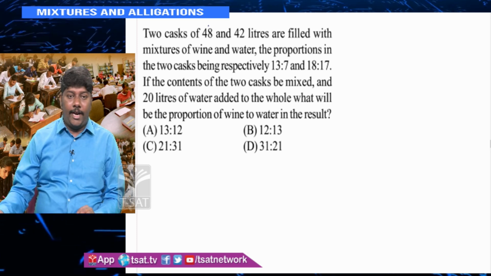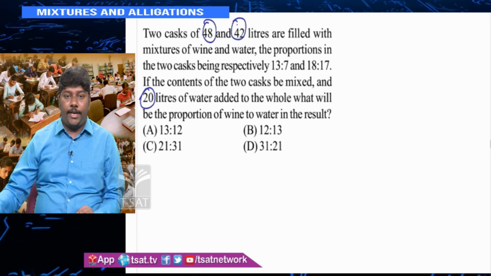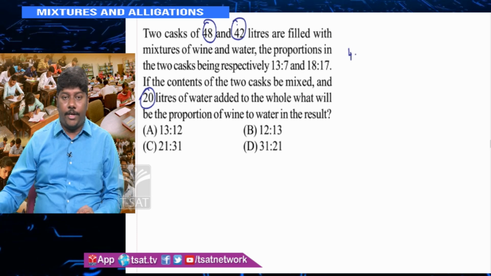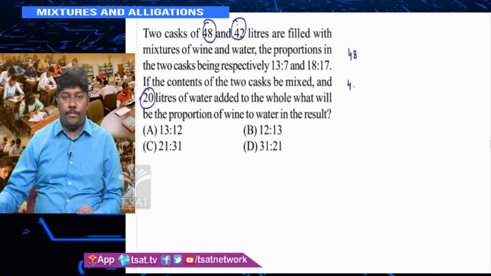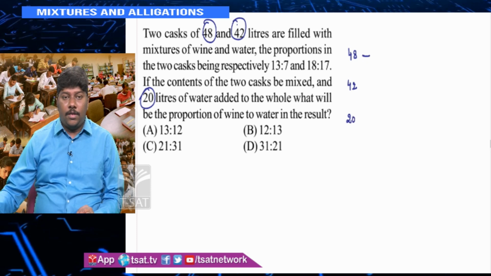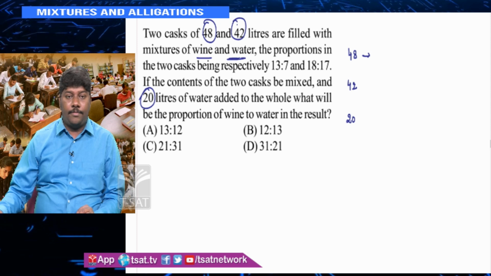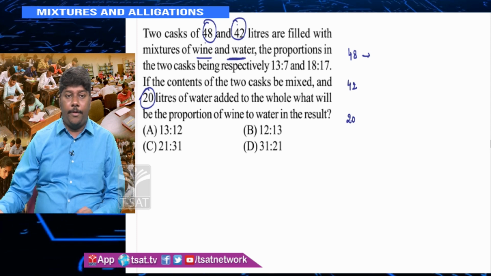See here, you are adding these two to 20 liters of water. So, I would take 48 and 42, finally 20. Here I am considering wine and water, he says. I am preferring wine here.